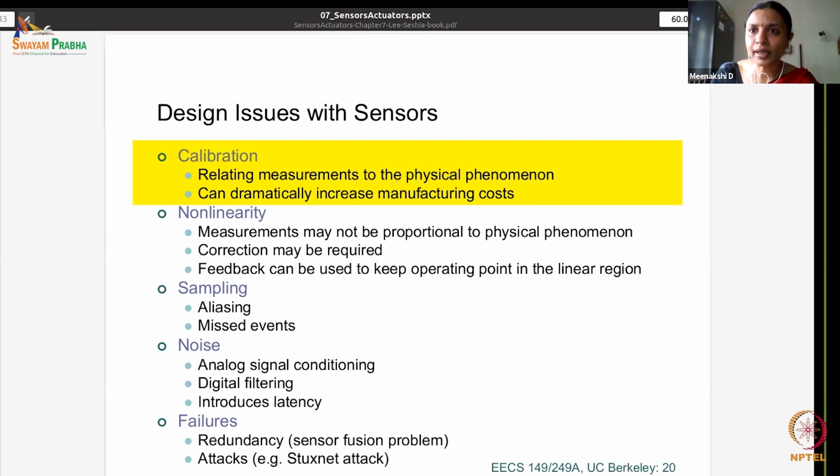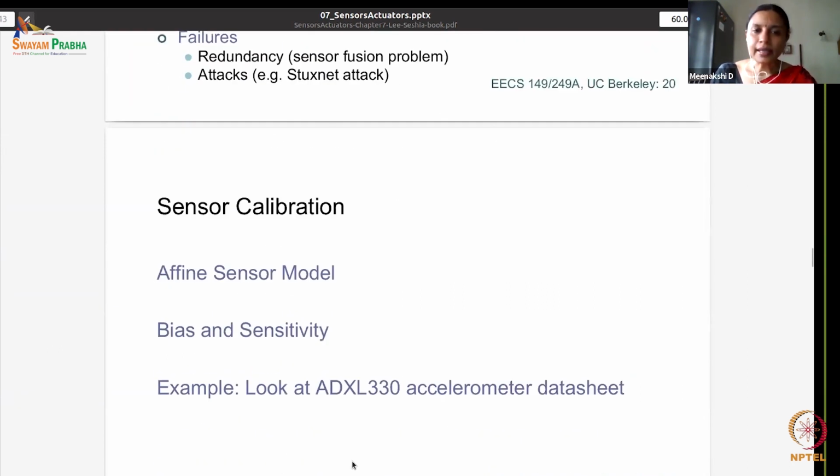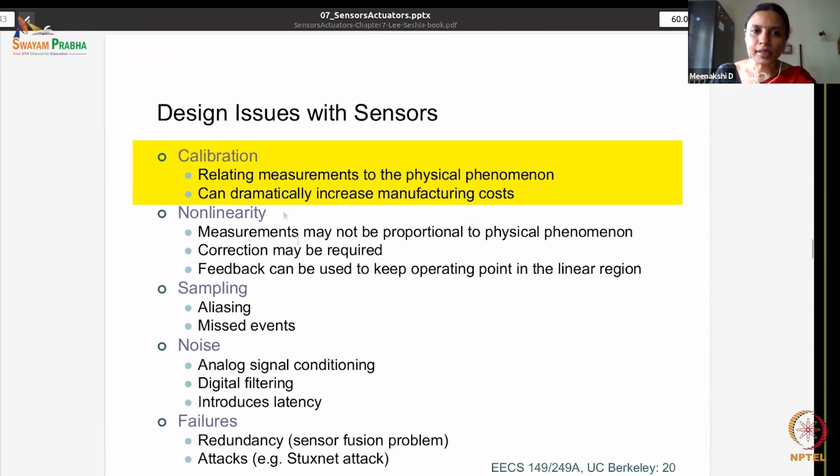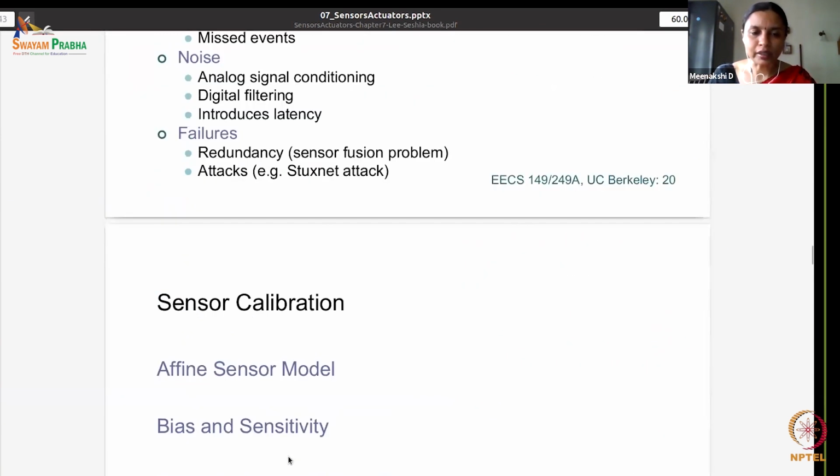In addition to that, they can also be subject to attacks. One famous attack that has happened in the past is the Stuxnet attack, and we have to be prepared to cater to sensors that fail because of attacks on them. So these slides go on to talk in detail about sensor calibration and about failures in sensors.